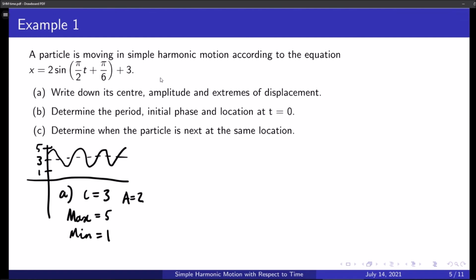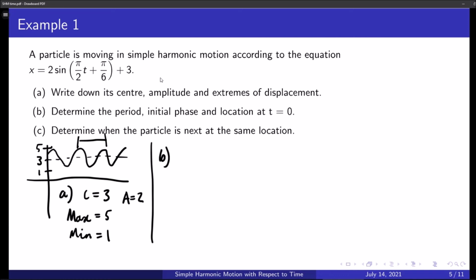Okay, secondly, we're going to look at the period. So the period is basically the distance between 2 troughs or 2 peaks in this case. So we want to find out how wide this wave is, what the distance between 2 peaks is.